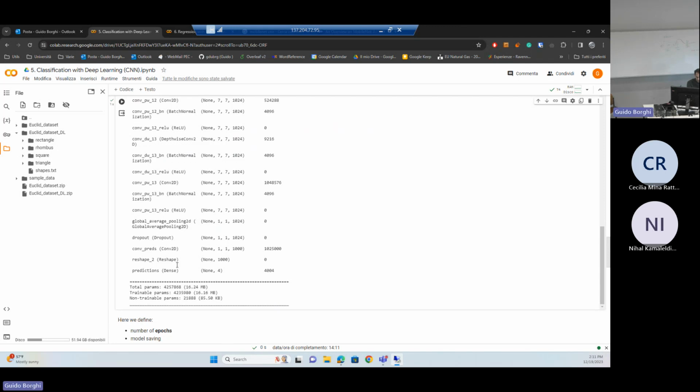And here you can see that finally we have the layer called predictions. Here you can see the name that we specified above. That is a dense layer, and in this dense layer we have only 4 neurons. Then you can also see the total number of parameters, trainable parameters, and non-trainable parameters.